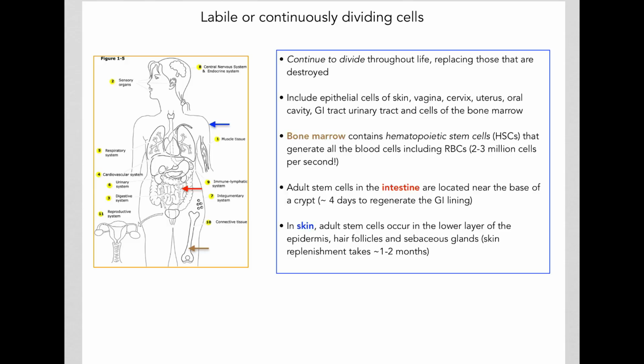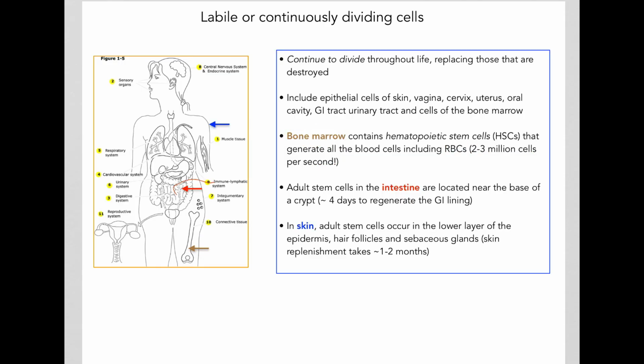For example, the bone marrow contains hematopoietic stem cells, or HSCs, that will generate all the white blood cells as well as red blood cells and platelets. And their generation capability is tremendous. For example, we produce about 2 to 3 million RBCs per second. That's very, very rapid cell division.